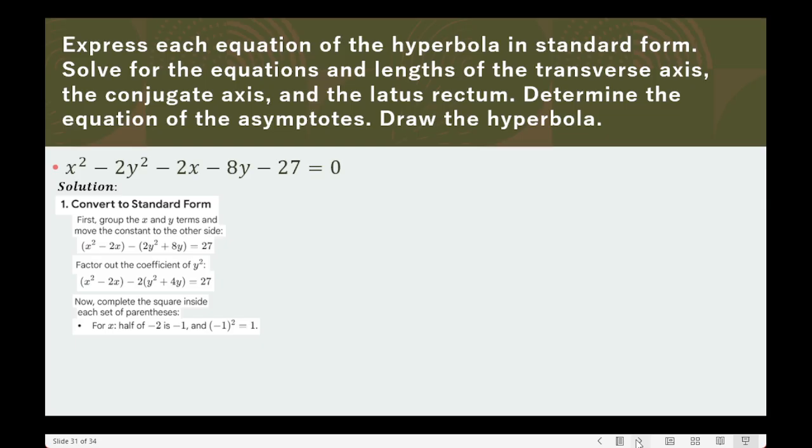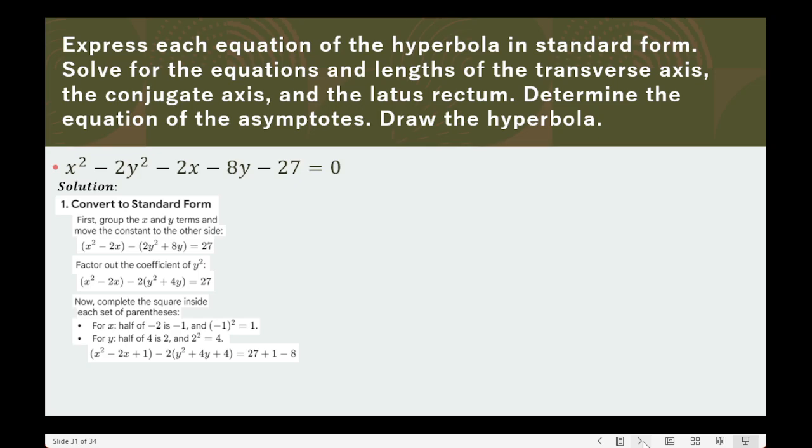So for x, we take half of its coefficient and square the result. And that is 1. For y, we take half of 4, which is 2, and then square the result. It is 4. Then, we insert the third term inside the parentheses of each expression. Then, applying the addition property of equality, we have this result.